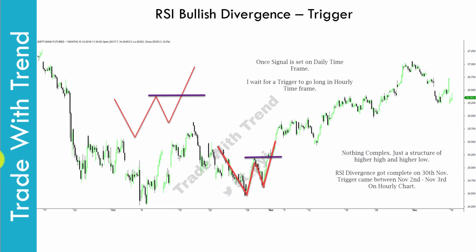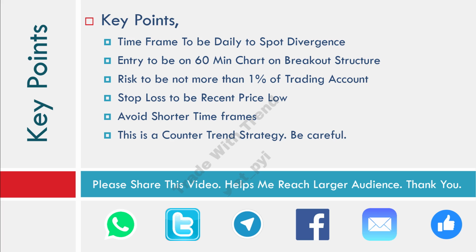Then you can post in the comment section below, and I will answer those specific queries on whether they qualify as per RSI bullish divergence or not. In this video, what we have seen is that RSI bullish divergence is a very powerful concept. It's just that you have to be careful in execution, as it mostly forms in a bearish price structure or bear market.